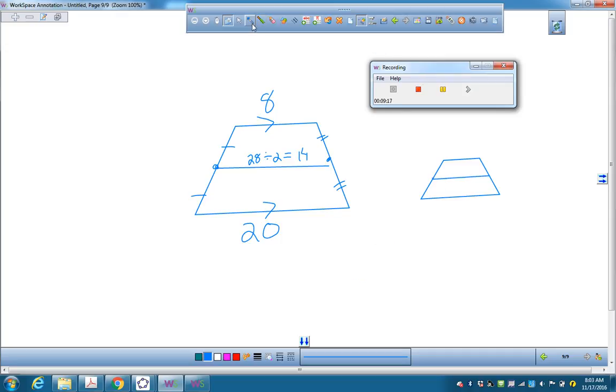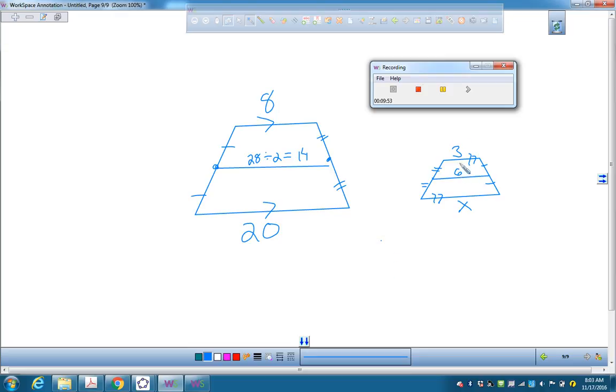What if I were to tell you that this side is 6 and this side is 3? How do I find this over here if it's a trapezoid? And that's a mid-segment. How do I find x? What is x? 9. How do you get that? 3 plus 9. So you kind of did that, and you can make a little equation.